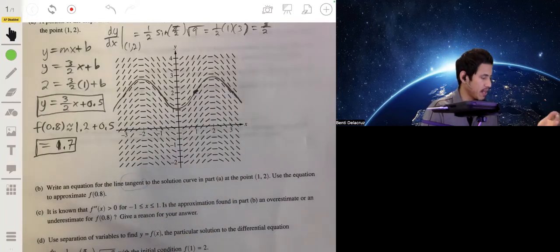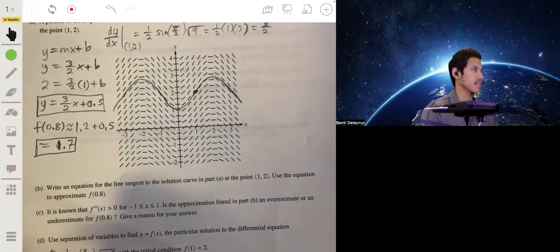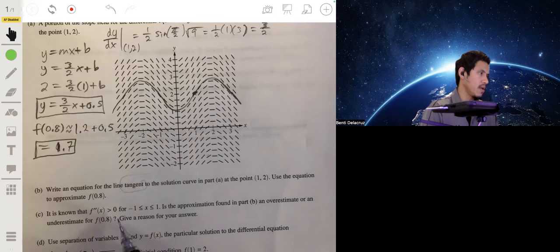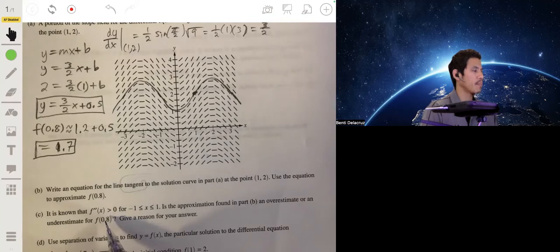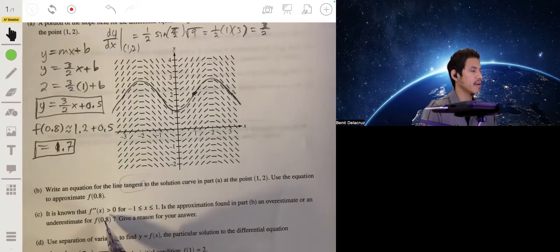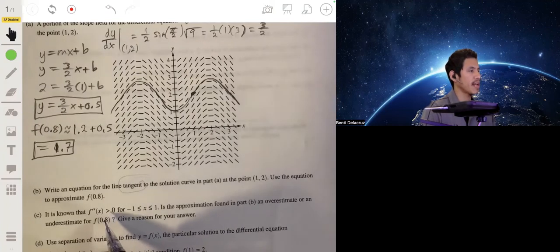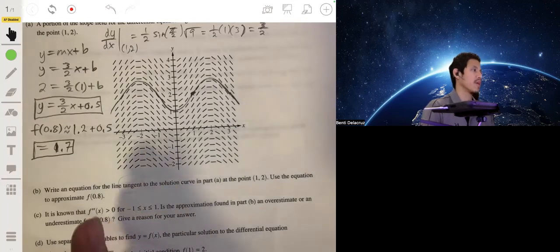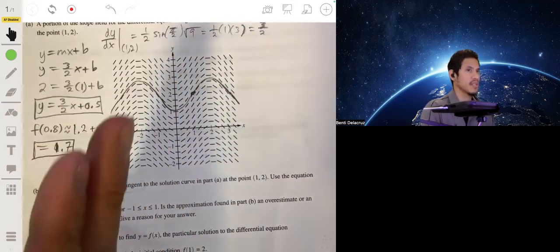So I try to think of this as logically as possible. If we're using a point at 0.8, then this is going to be an underestimation, because we know that as we go to the right, as x gets bigger, the rate of change is going to grow faster.